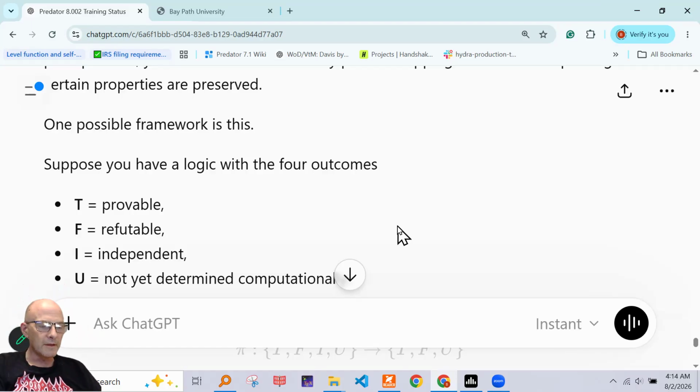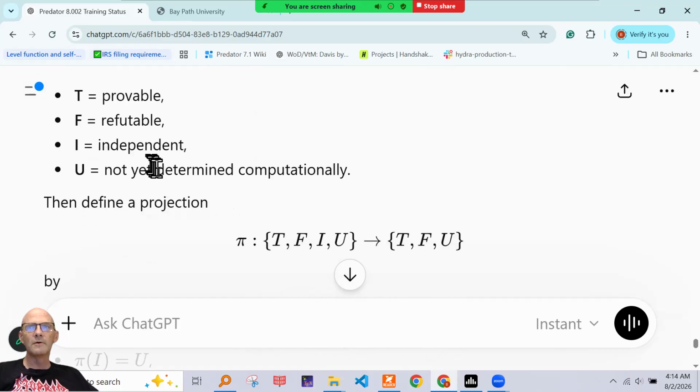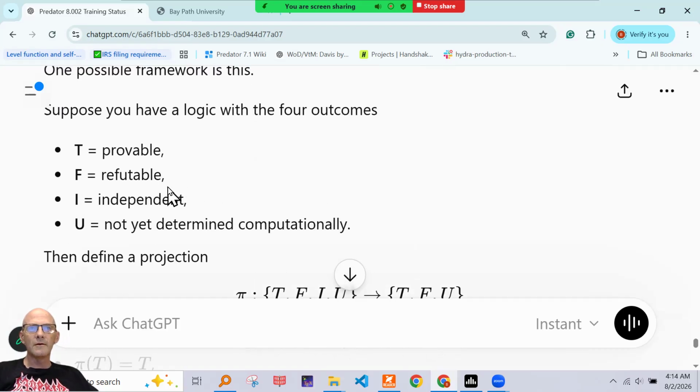Today is 8/2/26, 4:14 a.m. Ternary logic. I want to write this down before I forget it. Transfer principle. I'll explain what this means in a second. I hope this is recording. Oh, it's explaining it.